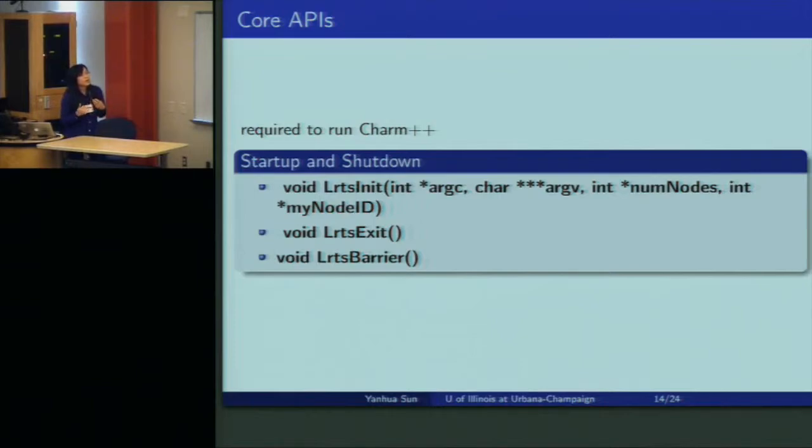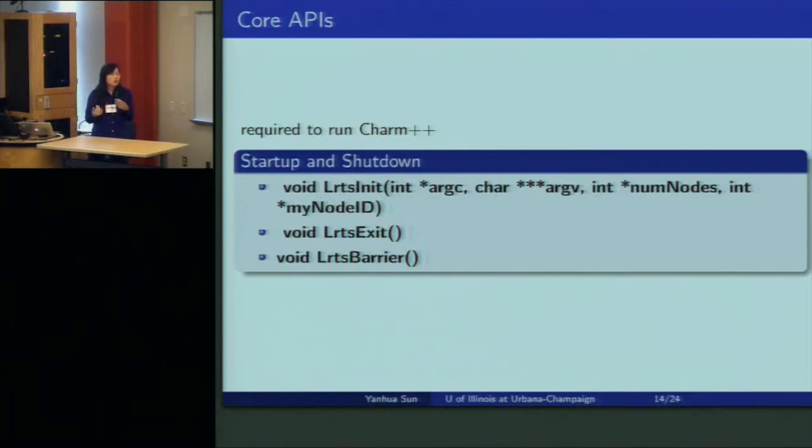The first few functions show the definition for startup and shutdown. We define the LRTS init function to initialize the communication network by calling the underlying communication library. Like in the MPI layer, we call MPI initialize. And usually we set up all the dynamic communication channels.